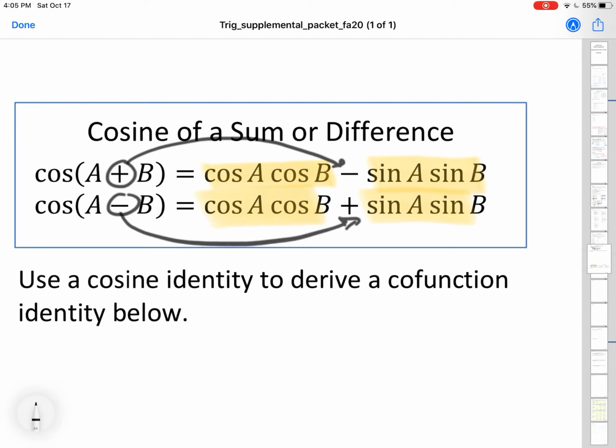Okay, so we'll have the sign in the middle be different. I'm going to walk into calculus knowing that, hey, if I'm going to do the cosine of A plus B, that's the cosine, cosine, sine, sine one. And it's the opposite sign in the middle. That's what's going to get things to work out.